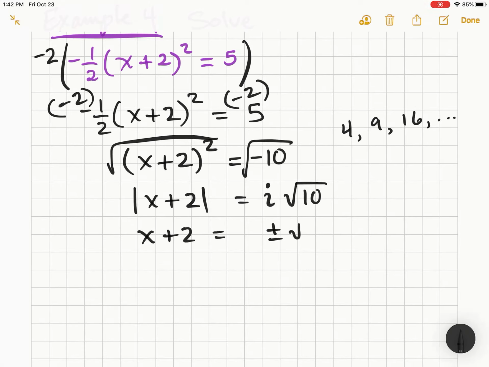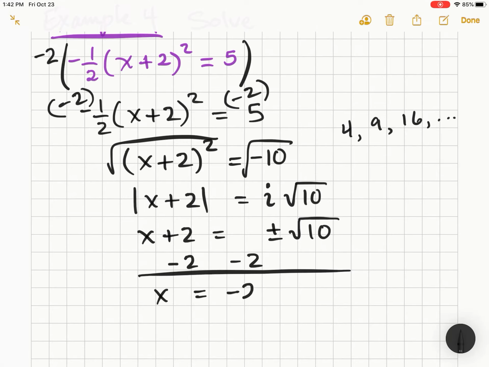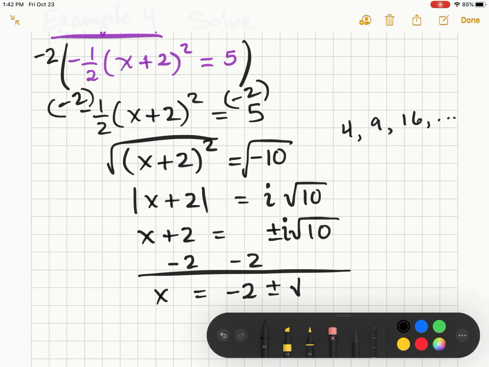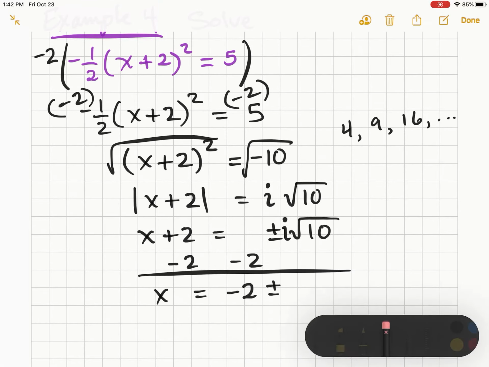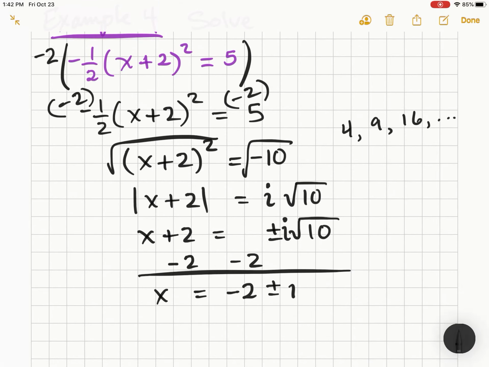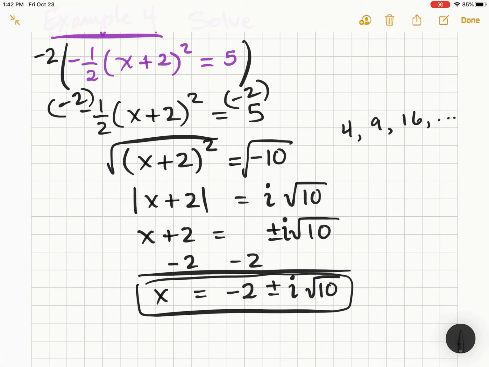Plus or minus on this side. And notice how I always like to leave a little space in front of the plus or minus, because I know I'm going to have something there. Oh, wait a minute. I lost my i. Okay, got to get that i in there. So I'm looking at i radical 10. Okay, final answer right there.